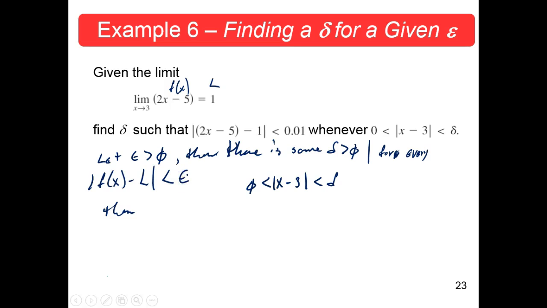I probably should have said that first. Now this seems bizarre, but let's plug in what those things are. The absolute value of your f of x is 2x minus 5, minus your L, which is 1.